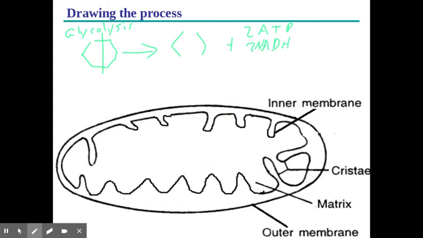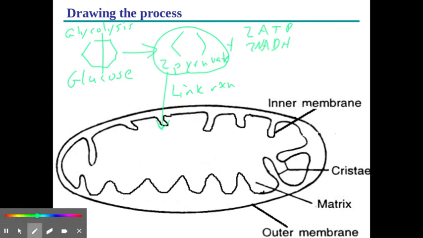That pyruvate, so this would be pyruvate. There's 2 of them. This would be glucose. Pyruvate is going to enter through the link reaction. And that's going to create, let me grab a different color, 2 acetyl-CoA.